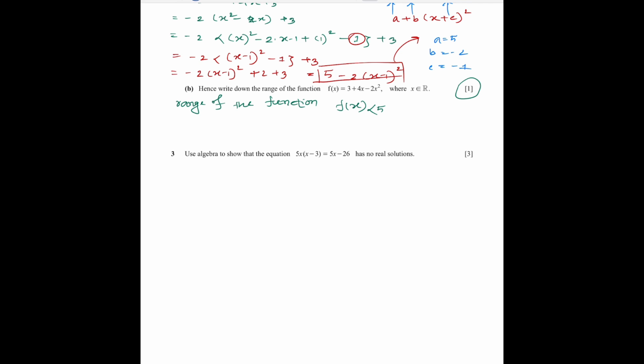So given that 5x times (x minus 3) equals 5x minus 26, so 5x squared minus 15x minus 5x plus 26 equals 0, so 5x squared minus 20x plus 26 equals 0.